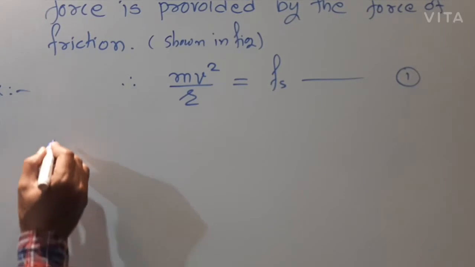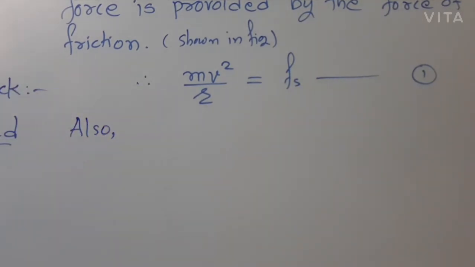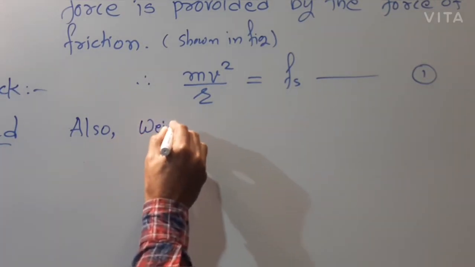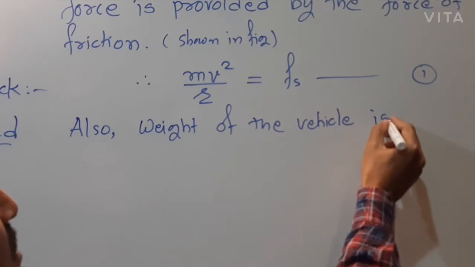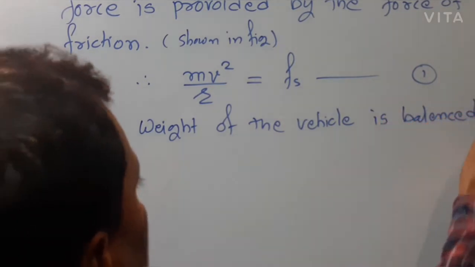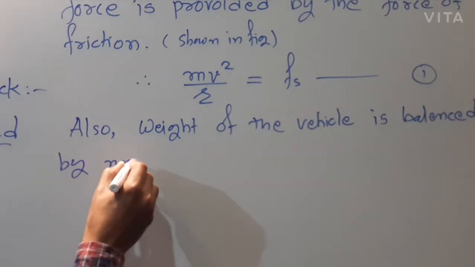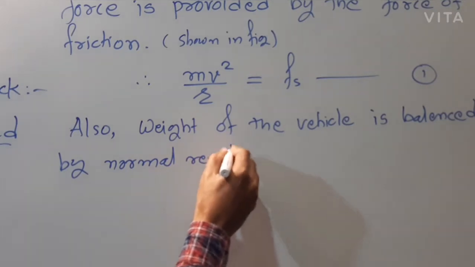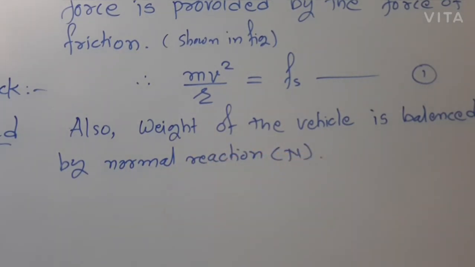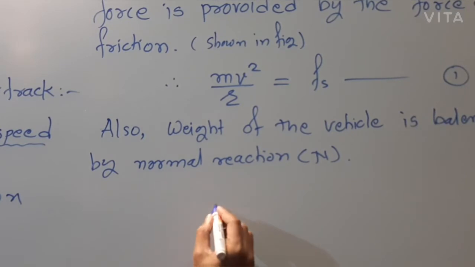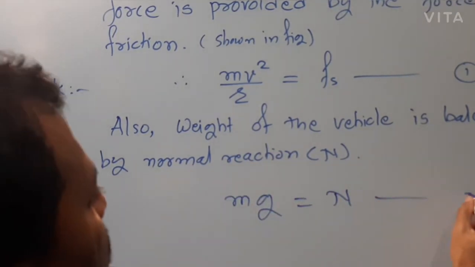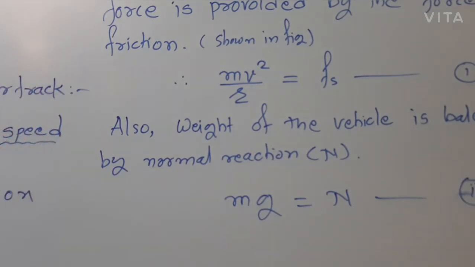Now also from the figure we know that the weight of the vehicle is balanced by the normal reaction, capital N. Therefore the equation is weight mg is equal to normal reaction, equation 2.